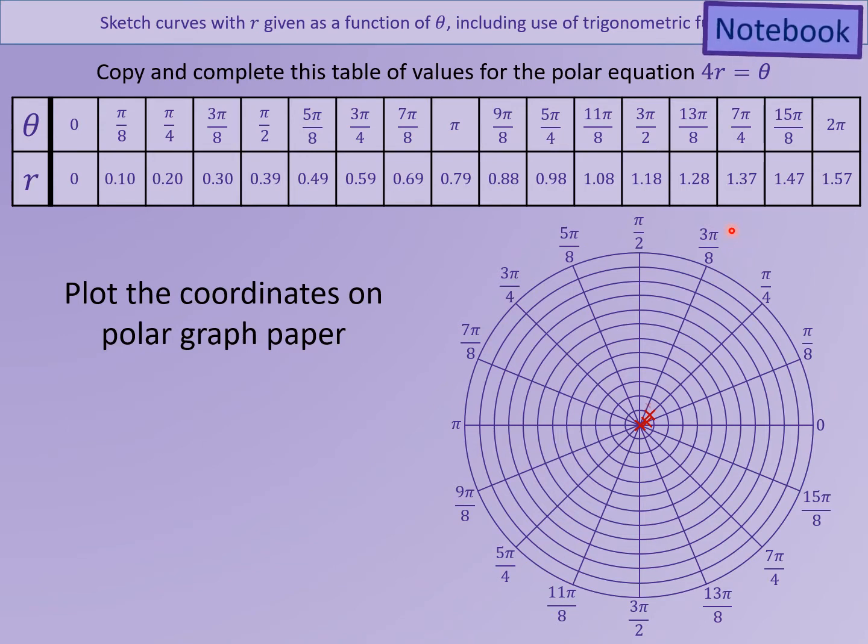And then 3 pi by 8, and so on. So you can see that when we get to pi, we've gone half a turn round. We are now at 0.79, which is almost 4 spaces out. We can therefore continue in this way until we get round to 2 pi.